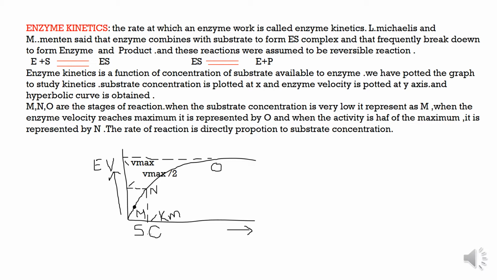When the substrate concentration is very low, it is represented as M, and when the enzyme velocity reaches maximum, it is represented by O. When the activity is half of the maximum, it is represented by N, and the rate of reaction is directly proportional to substrate concentration.